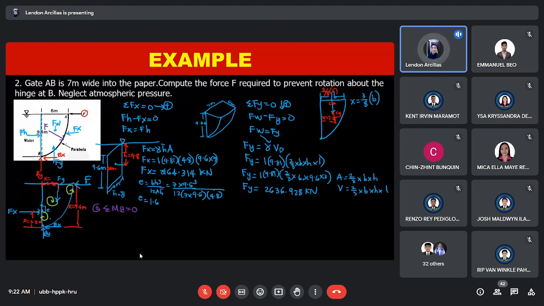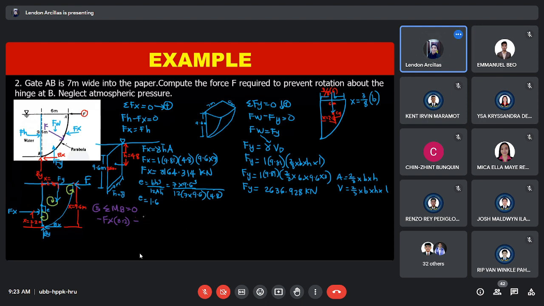So ano yung mga forces? This is F of x, that is negative because clockwise, F of x times 3.2 from B. Next, ang F of y naman natin is negative ulit dahil clockwise siya, and from B that is 2.25.